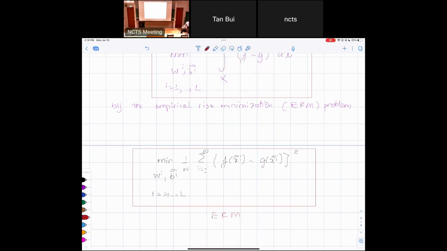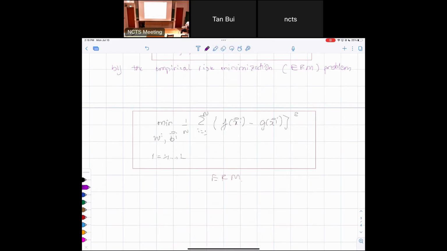And then the most popular approach to solve ERM is by gradient descent, right?